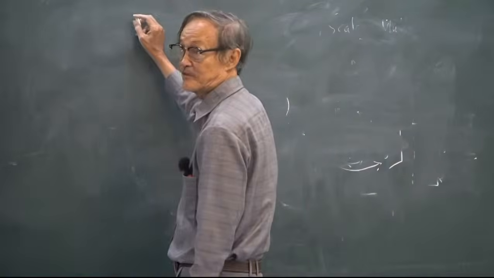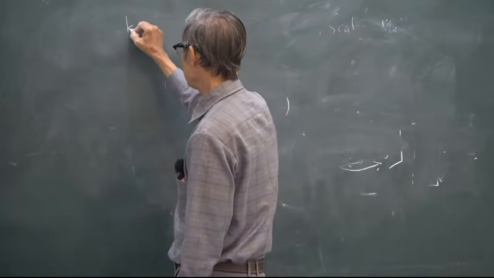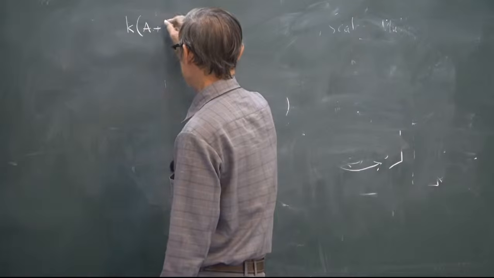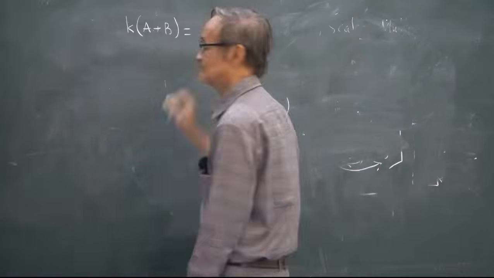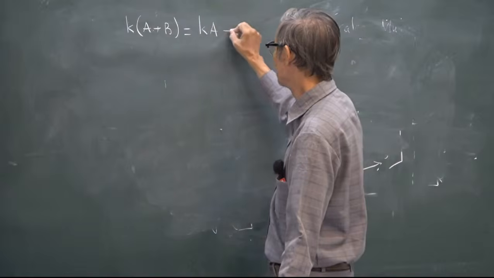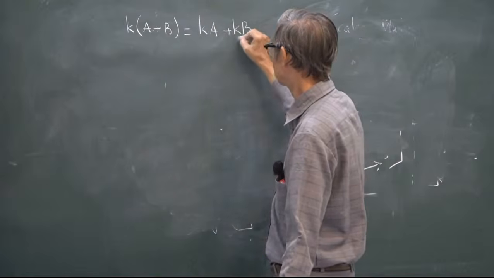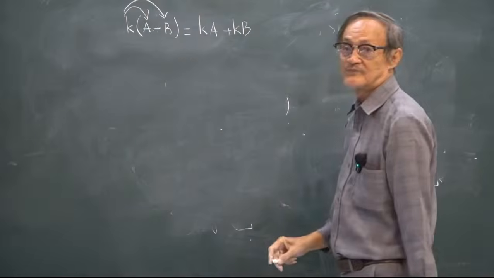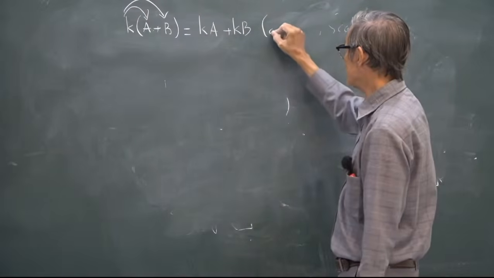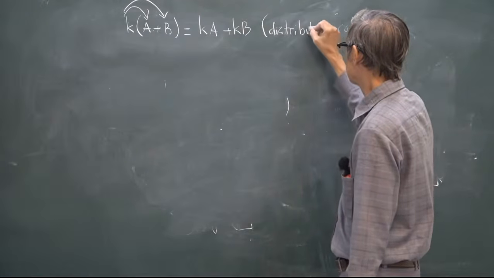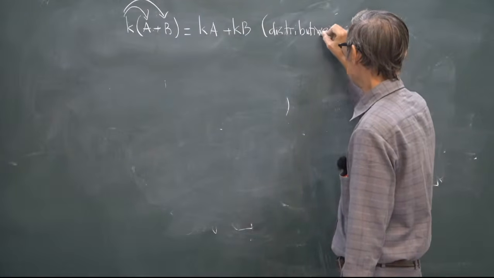Now, some properties. K times A plus B is Ka plus Kb. This is called the distributive law.